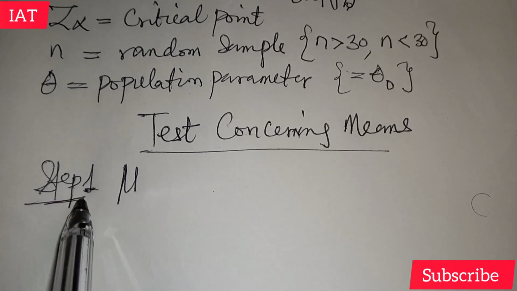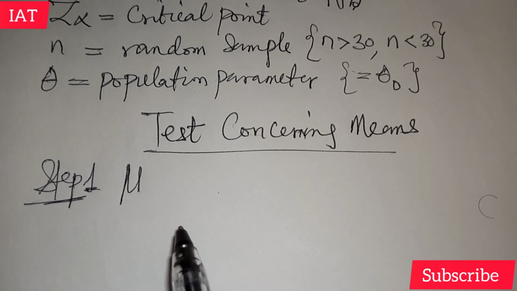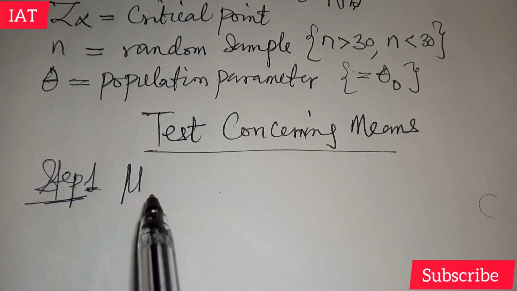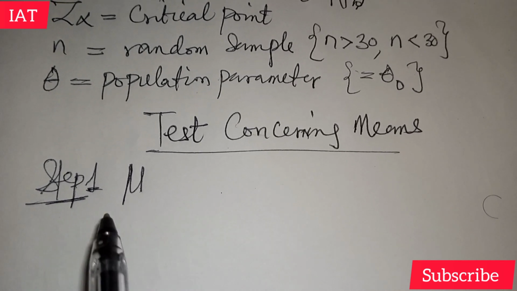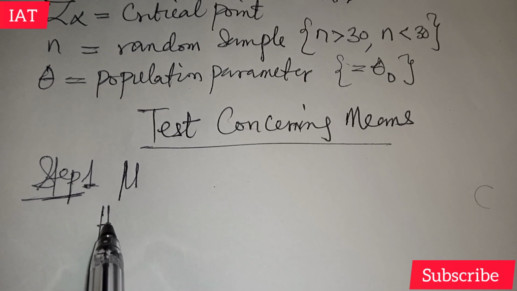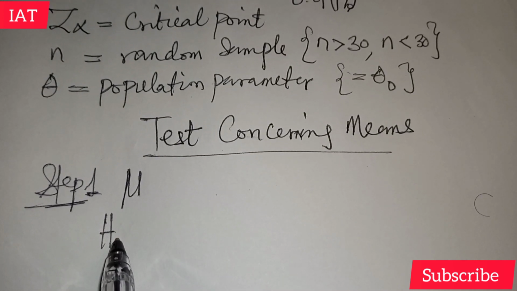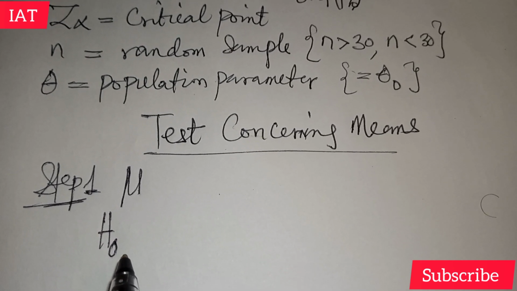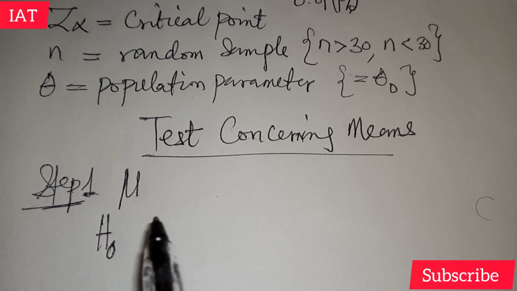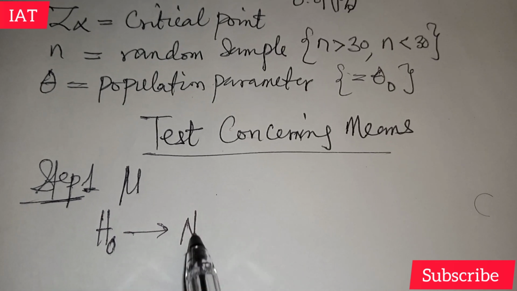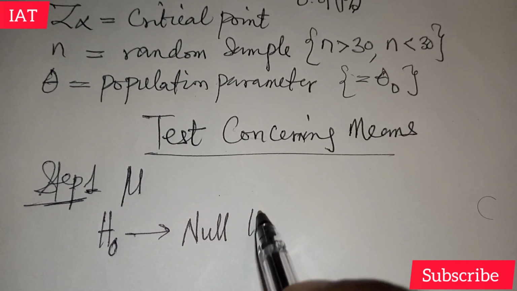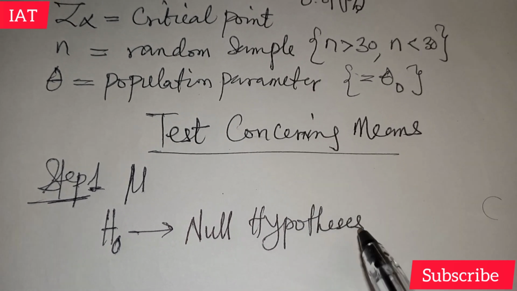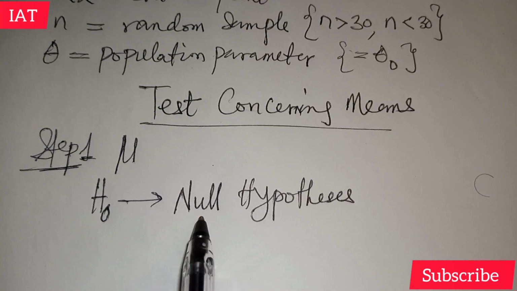And the step one that I have stated is that you must state the null, and this null, some textbooks use H naught to represent null. So let's say H naught stands for null hypothesis. Right, and of course you're familiar with null.